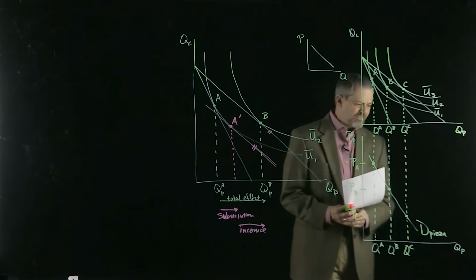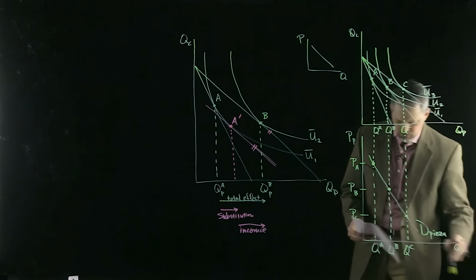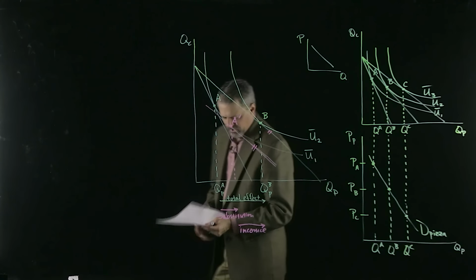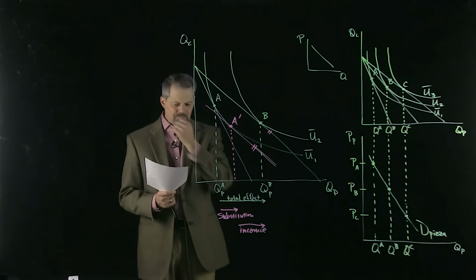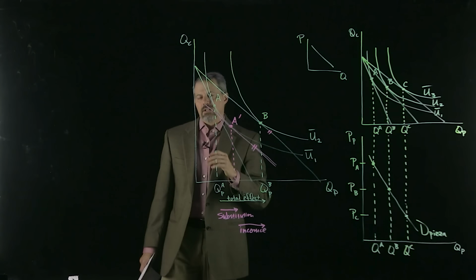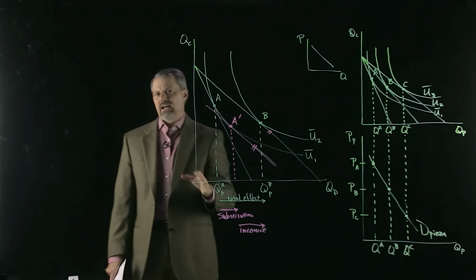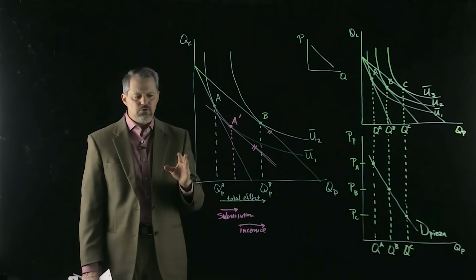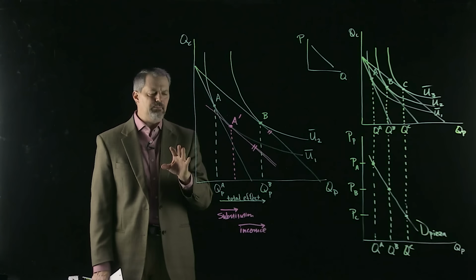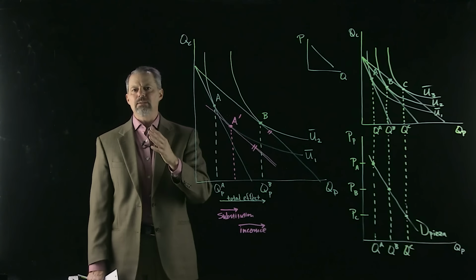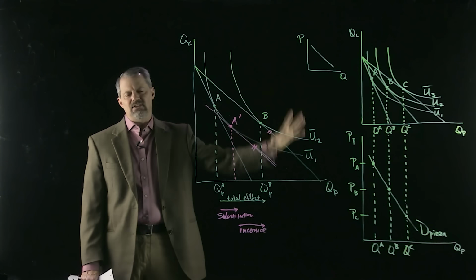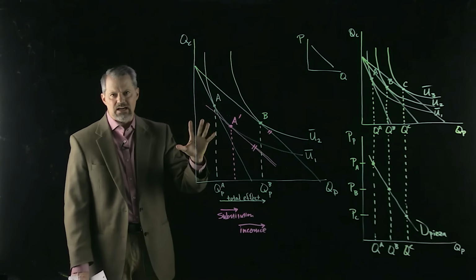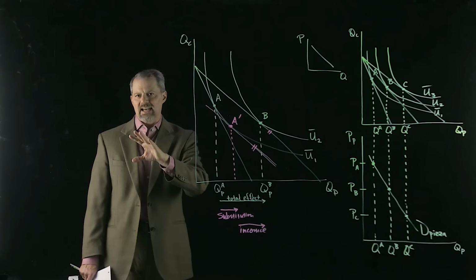Let's talk about something that economists know as the Giffen good, or a Giffen good. So if you were to take one of my economics classes, or if you've been watching my videos, you know that there are many, many times that I talk about the steepness of the demand curve. And so if you've made it to this part in the Principles of Micro class, you've probably already talked about elasticity.